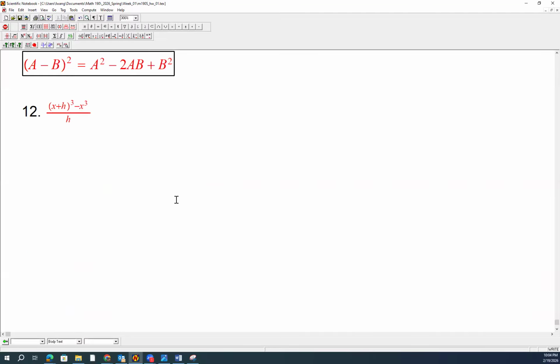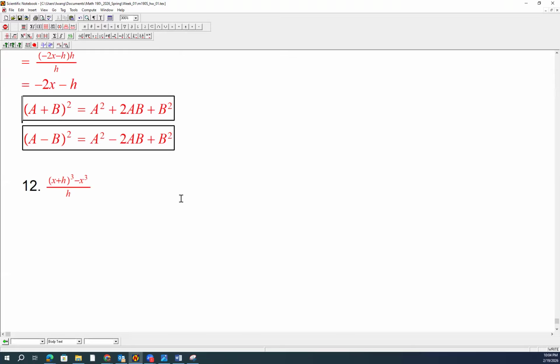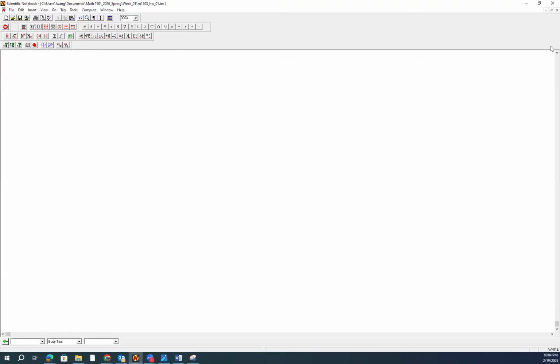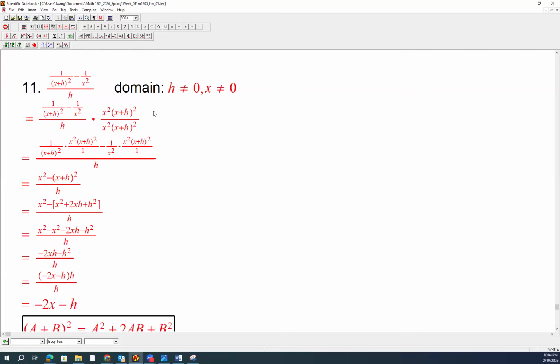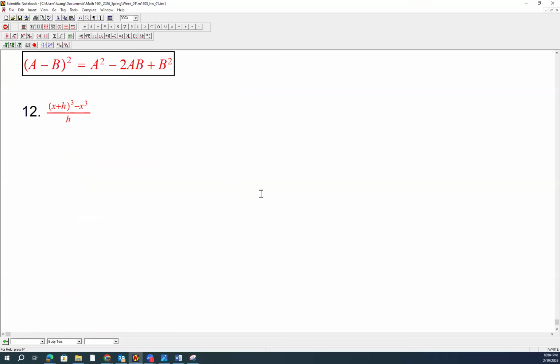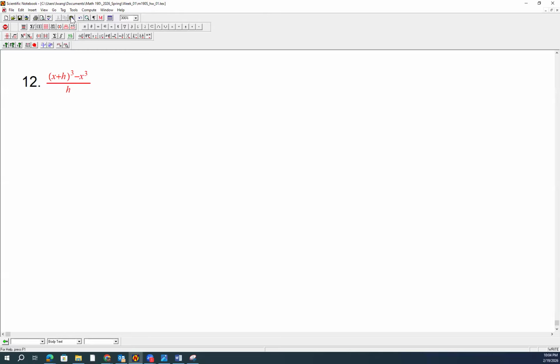Last but not least, domain once more is a similar situation for that. So h cannot be 0. So that's a domain requirement. Okay. And we don't have to worry about the x.